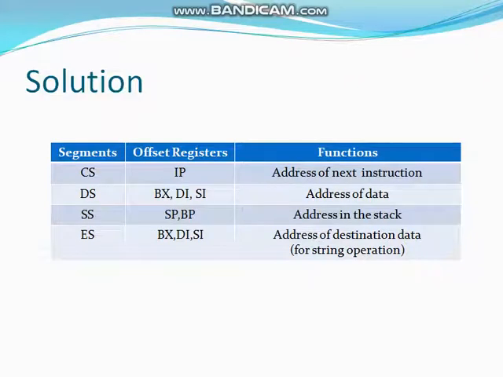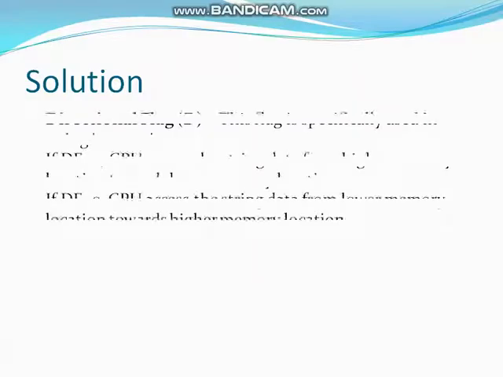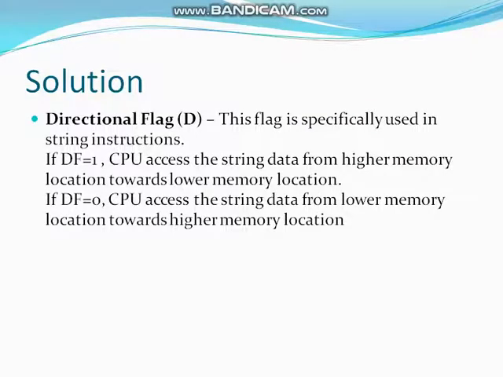These are the different segment registers along with the offset registers, and these are the functions of all the registers. Another exercise: recall the functions of the trap flag and direction flag in the flag register, either in the 80286 or 8086. This is the solution.